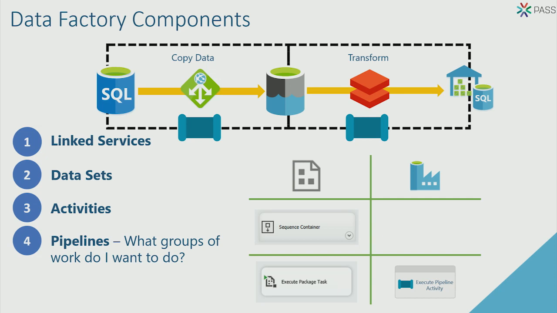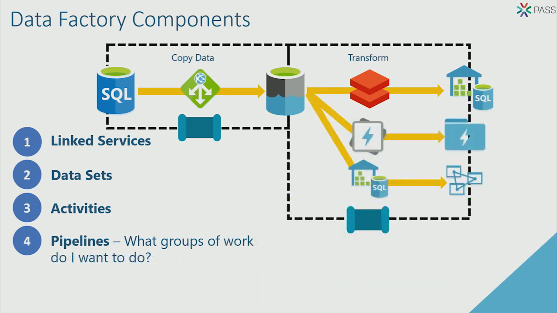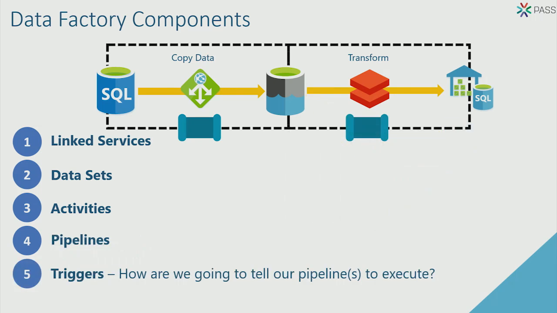And we can call a pipeline with another pipeline. We can nest these things. We can have a generation of pipelines. And for completeness, of course, we can have multiple activities within a single pipeline. Okay? So that is number 4 done.